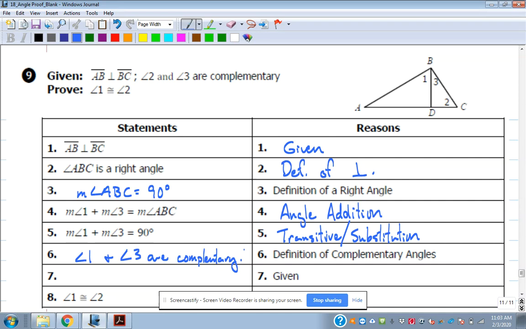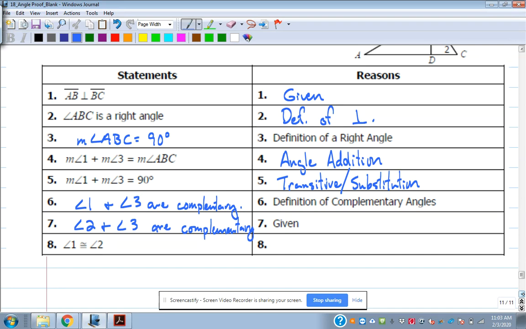So we're talking about the angles themselves, not the measures of those angles. And then number 7, they go back and pick up that piece of the given that they did not use. So that's angle 2 and angle 3 are complementary. And then if angle 1 is complementary to angle 3 and angle 2 is also complementary to angle 3, then angles 1 and 2 must be congruent to one another.